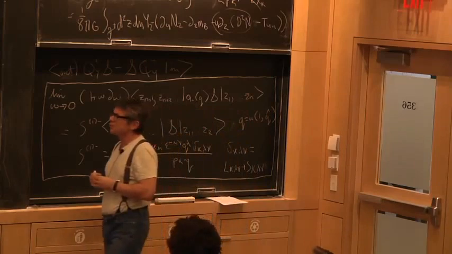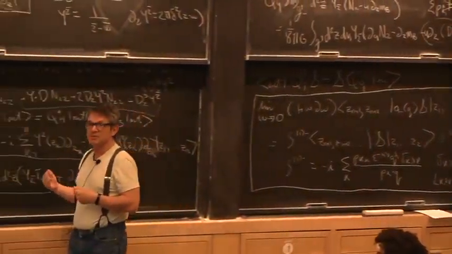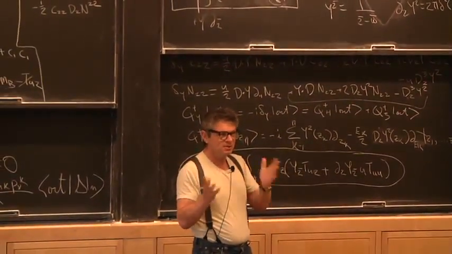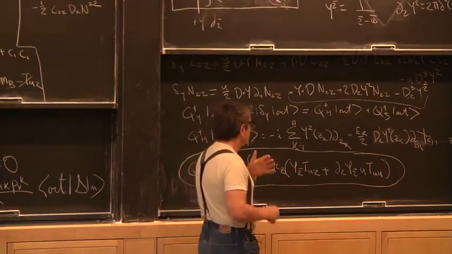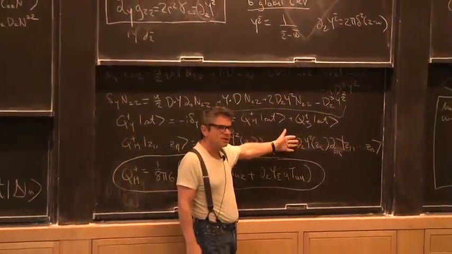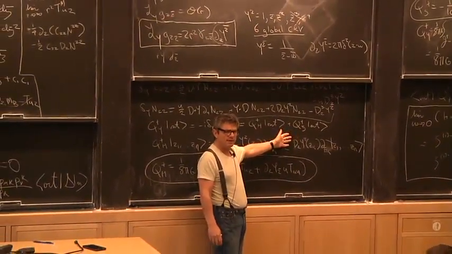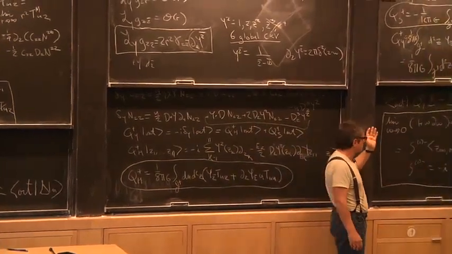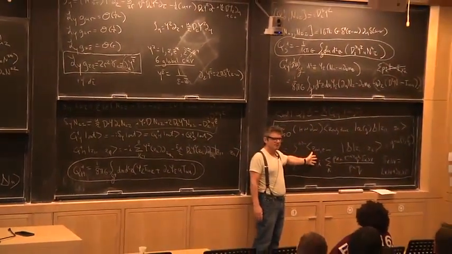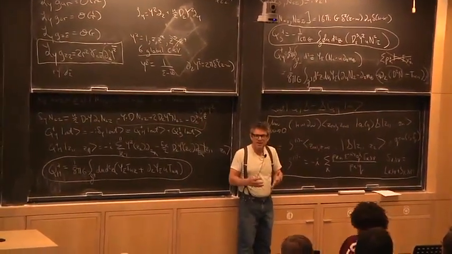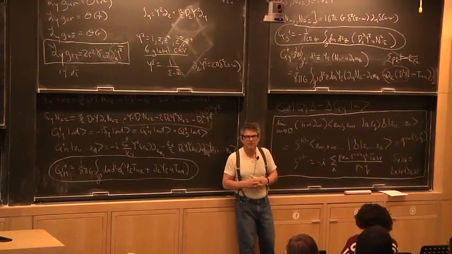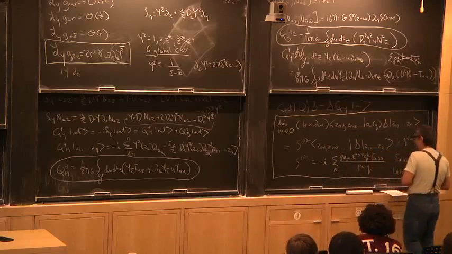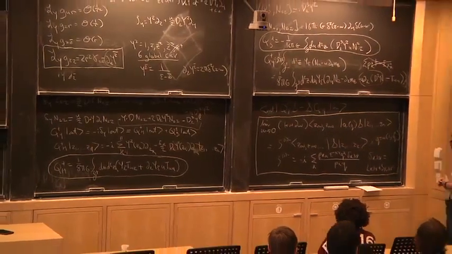So this is an example where now we're really starting to learn something new. When we were talking about QED, we were saying things everybody knew in a new language. But now we're learning something new. There was a conjectured symmetry of gravity. If that symmetry were really to be a good symmetry, there would have to be a soft theorem. This is the soft theorem that it would have to be. And then you can check diagrammatically that this soft theorem is true to all orders in tree-level perturbation theory.